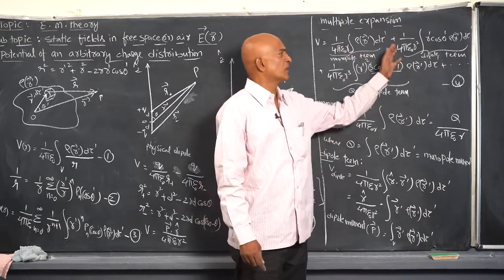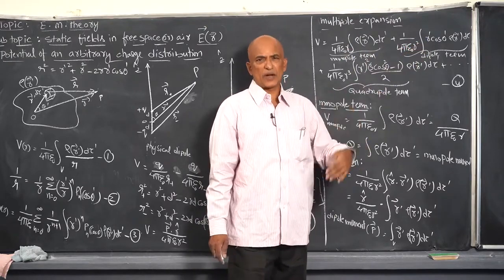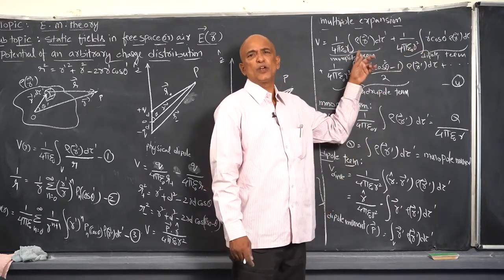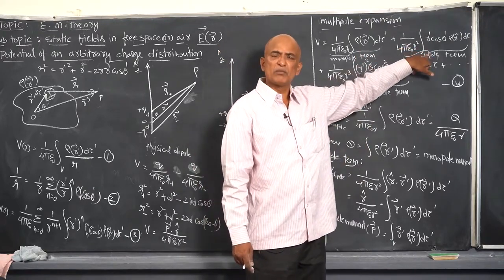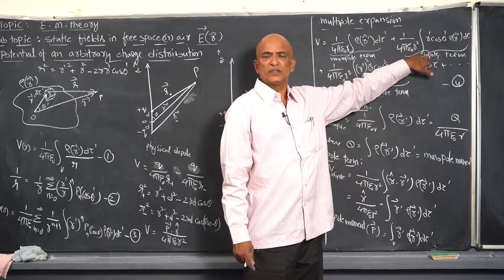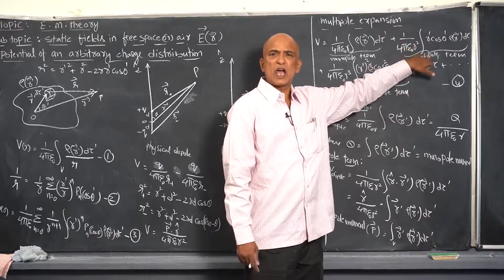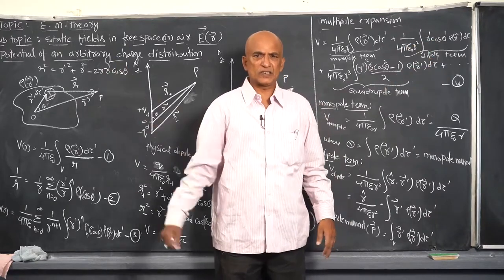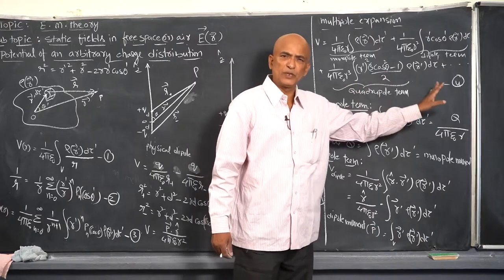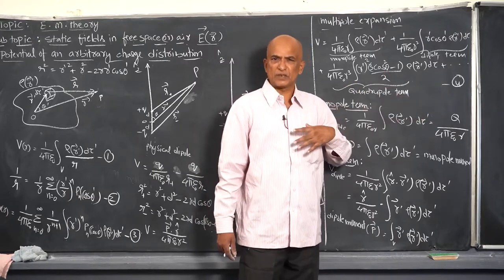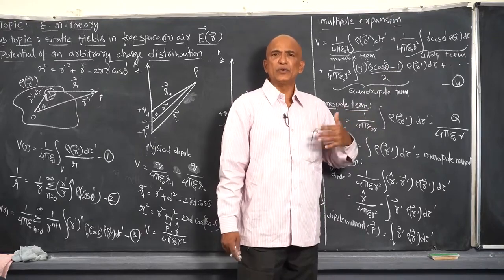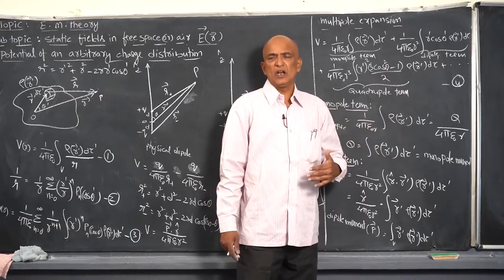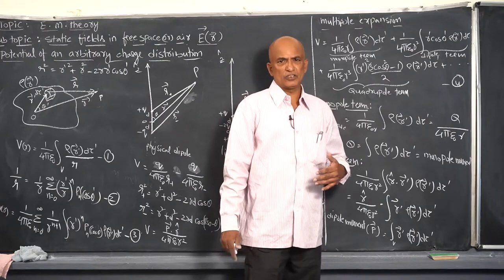The other terms will only improve the approximation. Suppose the monopole term becomes 0, then the lowest non-zero term may become the dipole term, and this dipole term gives the approximate potential at large distances. The other higher multipole terms will only improve the approximation. Like this, the expression will give you the approximate potential of any charge distribution at large distances.